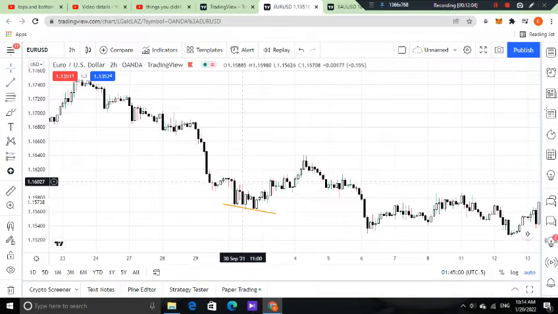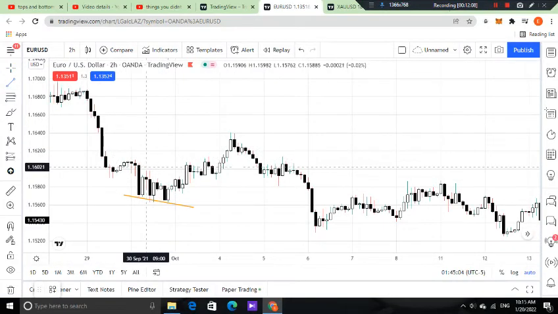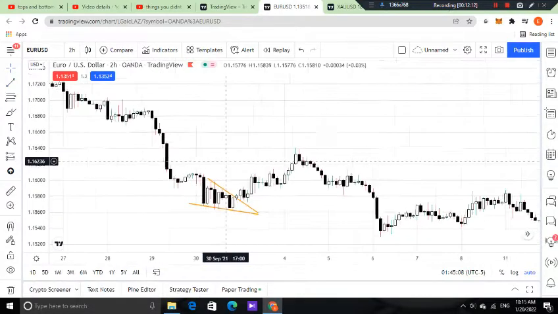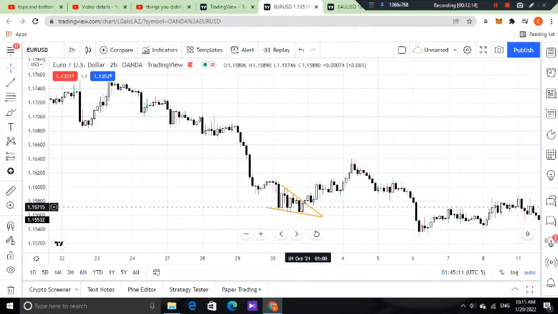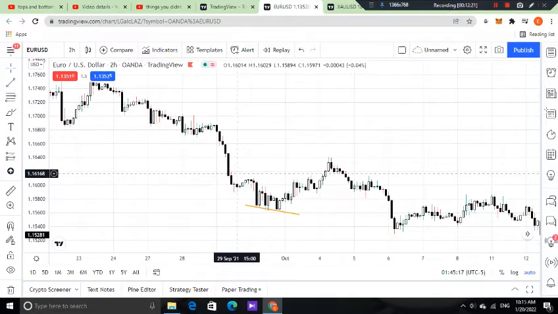This one is absolutely a wedge. If you look at it in a lower time frame, you can see it more clearly. And after that we saw a reversal.